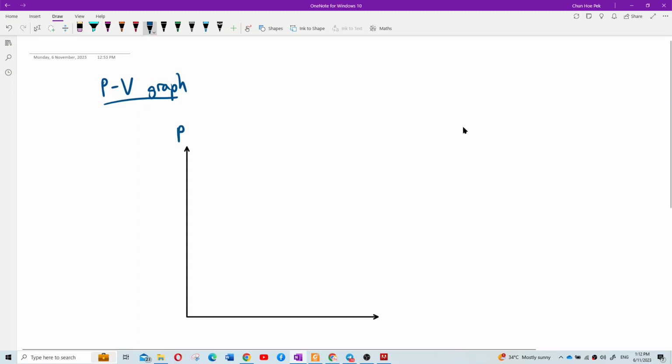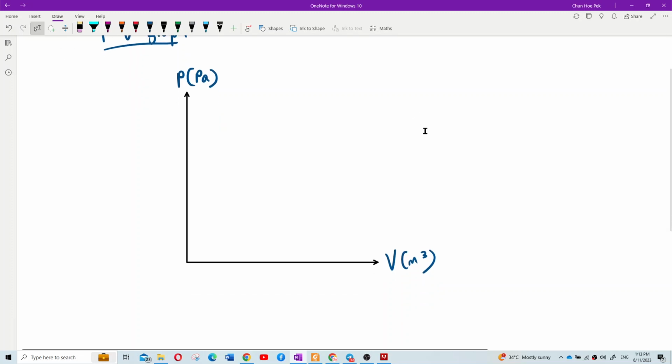So pressure, what's the unit? We always use the SI unit, Pascal. What's the volume unit? Meter cubed, SI unit. Going up the y-axis means pressure increases, from 0 up to 100 Pascal, 200 Pascal.